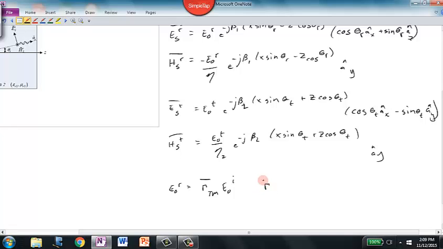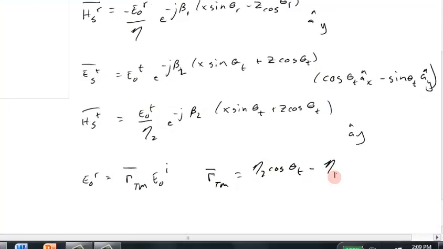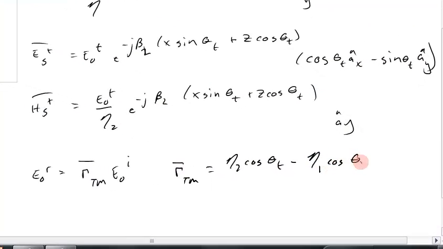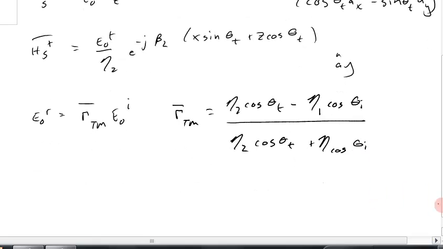And the new formula we have for the TM mode reflection coefficient is N2 cosine of theta t minus N1 cosine of theta I over N2 cosine theta t plus N1 cosine of theta I.